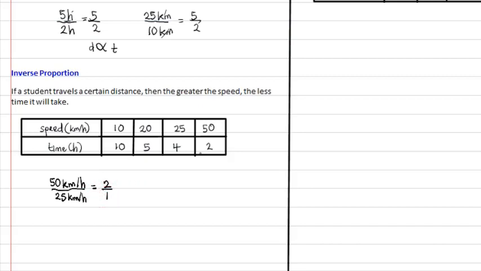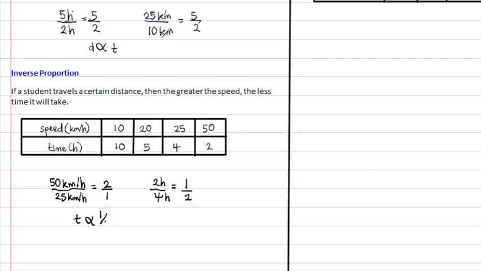Okay, now let's do it for the time. The time for the 50 is 2 hours and for the 25 is 4 hours, so 2 over 4. This one gives us 1 over 2. You can see this is the inverse of that, kind of like the reciprocal. So this is 2 over 1, and this one gives us the reverse, 1 over 2. So we can conclude that the time is inversely proportional to the speed.